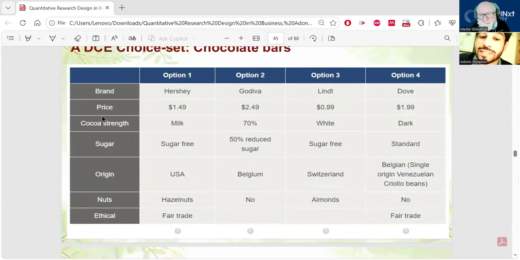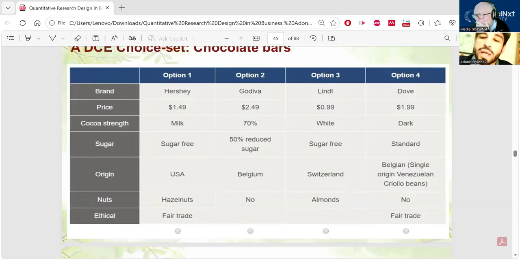I have 7 of those for chocolate here: brand, price, cocoa strength, sugar, origin, nuts, and the ethical factor. Then I consider how many levels are important. Again, this is something you have to establish a priori from qualitative work. And here I have 4 brands, I have 4 prices, I have only 3 levels for sugar, I have only 1 for ethical. So it depends how you're going to structure those levels.